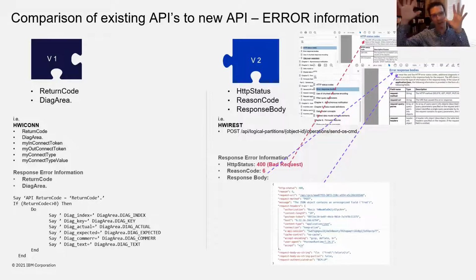And so the response body, if it's an error, will contain a lot of information that you need to be able to debug the problem. So it's business as usual when you're dealing with REST APIs. Generally, the response body that comes back on a traditional REST API for a failure will contain the error information you need to debug. Likewise, it'll be the same thing for BCPii.